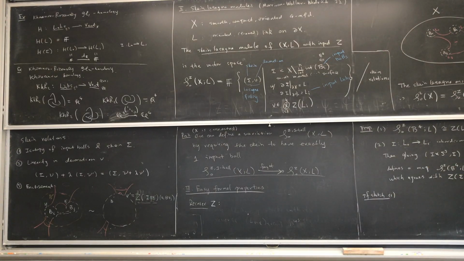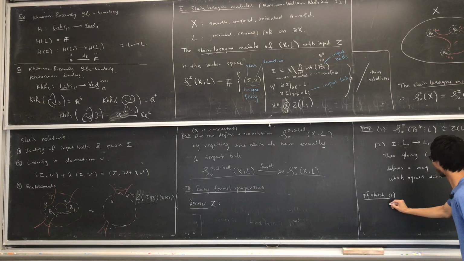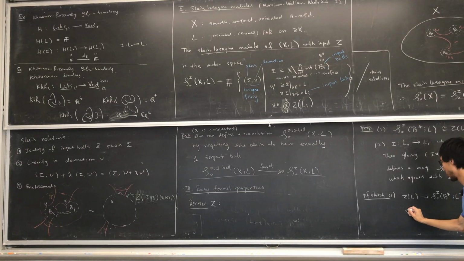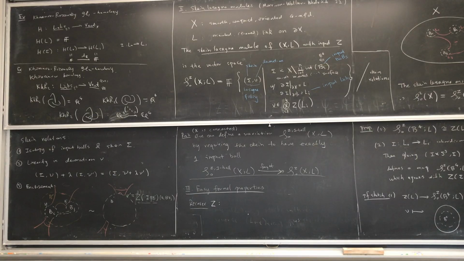I'm going to exhibit to you an isomorphism in both directions. So for the backward direction, from ZL to the skein lasagna module, I'm going to map some element v to a class represented by the following lasagna filling. My input link is going to be a short copy of my tile.